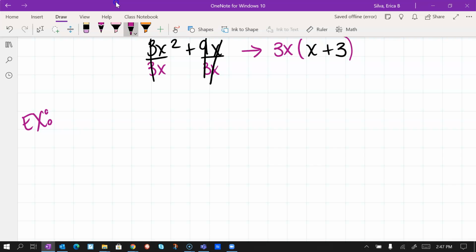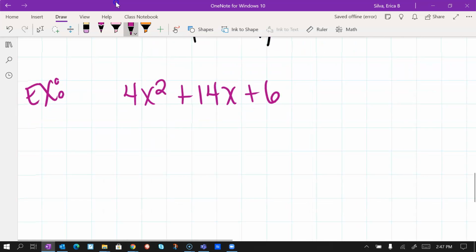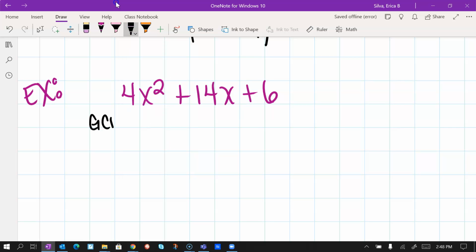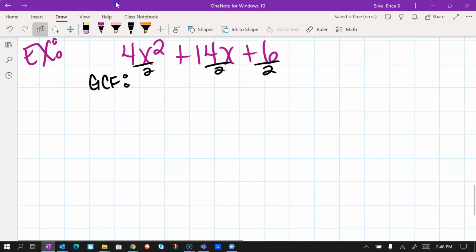All right, so using GCF, we're going to do this example. We've got 4x squared plus 14x plus 6. We always want to look for GCF. So let's write down GCF. Do we have one? 2. So we can divide every single one by 2. So we've got 2 times, and then we want to divide. So 4x squared divided by 2 is 2x squared. 14x divided by 2, 7x.